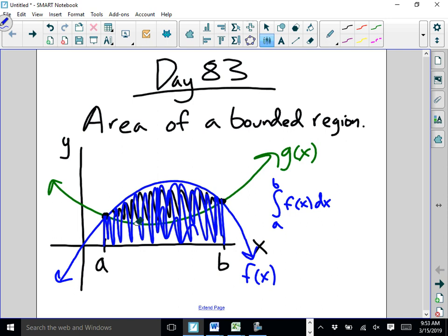Well, this region is exactly what the definite integral of g of x would be. I'll sketch that in here. The definite integral from a to b of g of x dx, that number answer would give me this region right here.